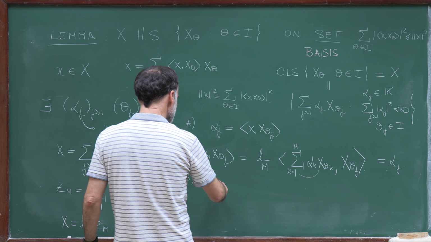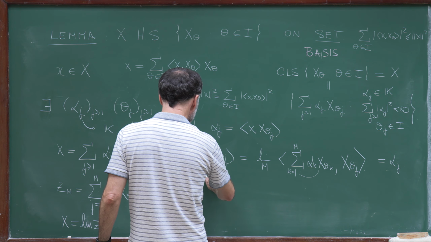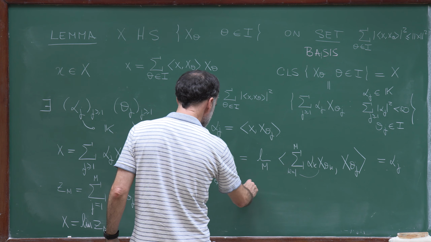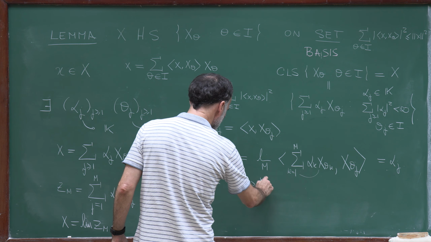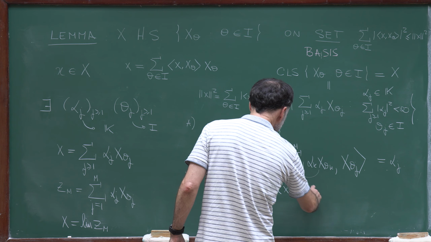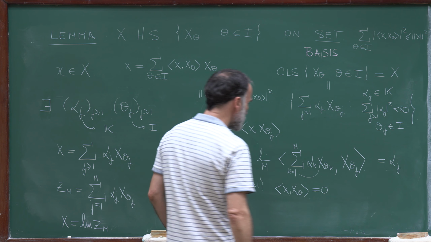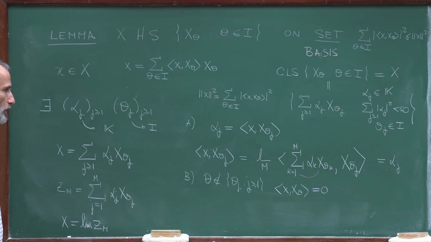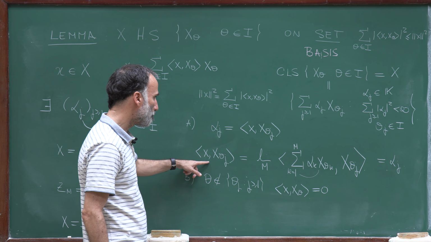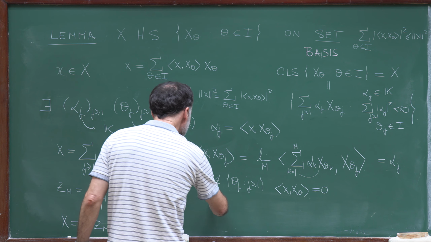My second claim is that if theta doesn't belong to the family theta j, then the scalar product of x with x theta is equal to 0. So x is orthogonal to x theta. And this comes from the same computation.